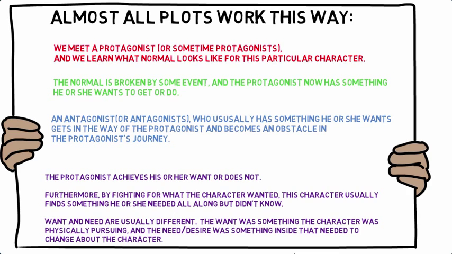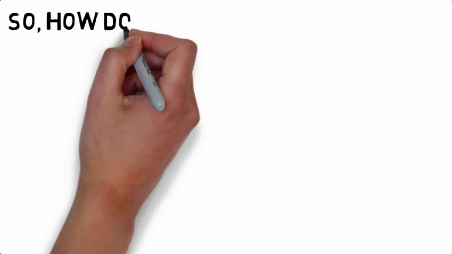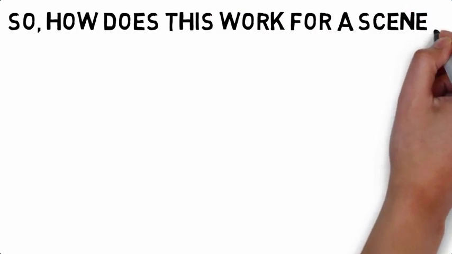And the protagonist achieves his or her want or does not. Furthermore, by fighting for what the character wanted, this character usually finds something he or she needed all along but didn't know. Remember, want and need are usually different. The want was something the character was physically pursuing, and the desire is usually something that needed to change about the character inside.